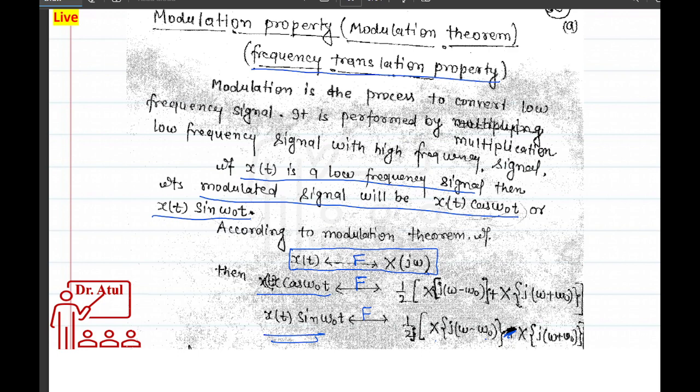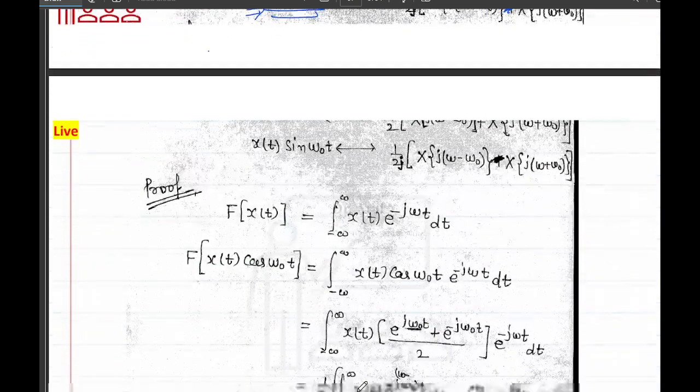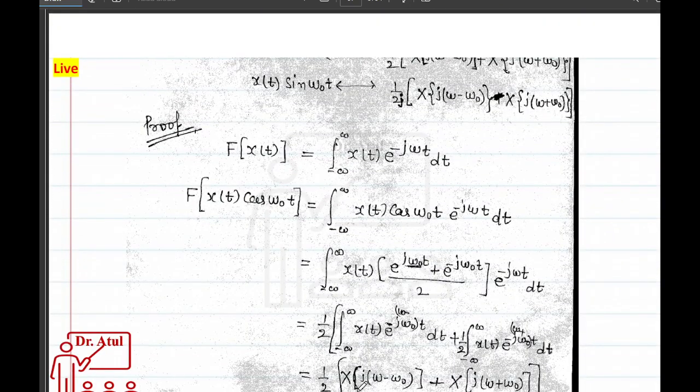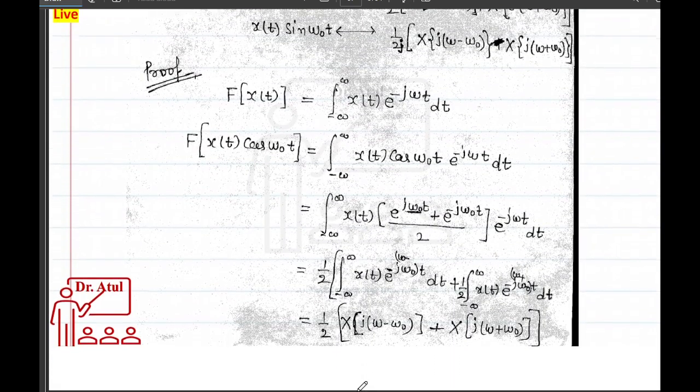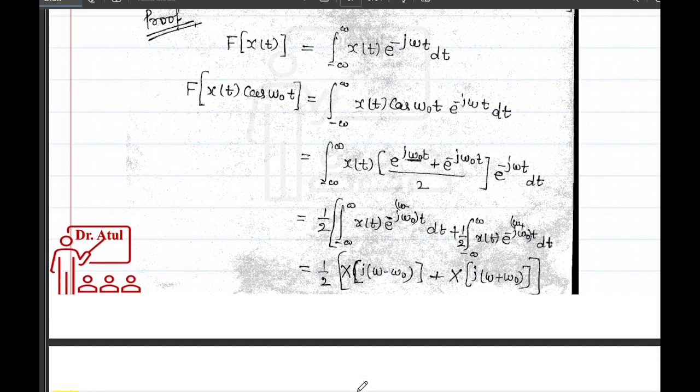I am taking only the first, x(t) into cos omega naught t. The second can be done similarly. The Fourier transform of x(t) is the integral from minus infinity to infinity of x(t) e to the power minus j omega t dt.